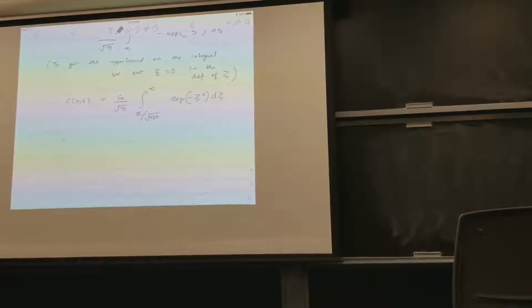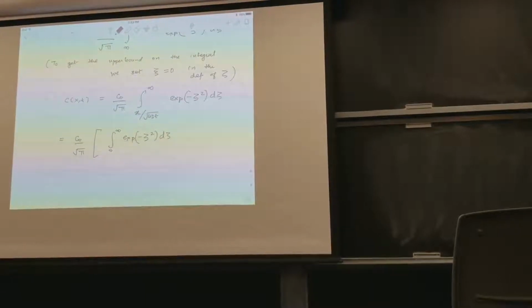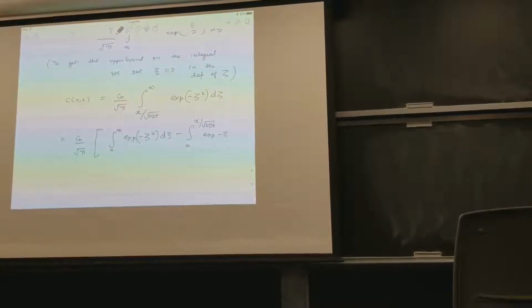And there's one more step here, which is to recognize that I can write my integral as one from 0 to infinity of exponential of minus zeta squared d zeta, minus the integral from 0 to the similarity variable, the combined variable, of the same exponential.